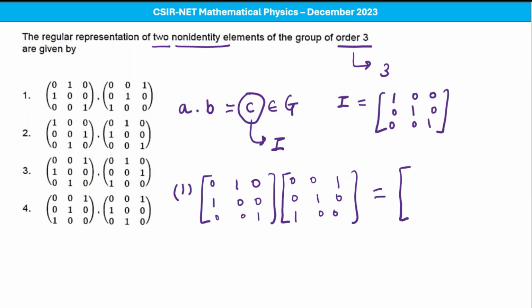So it gives us 0 1 0, 0 0 1 and 1 0 0. So not identity, so this is not the answer.